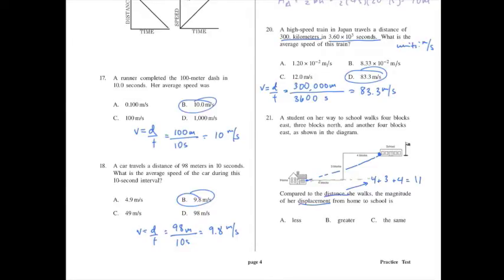You can make a triangle for the Pythagorean theorem to solve it. 8 squared plus 3 squared equals 64 plus 9, and that should give you 73. So you take the square root of 73 to get your displacement. That's about 8.5-ish, between 8 and 9.